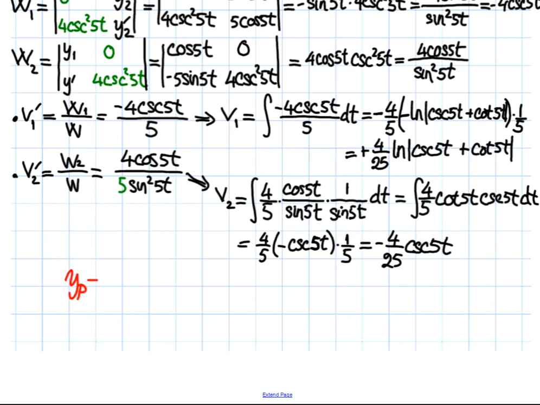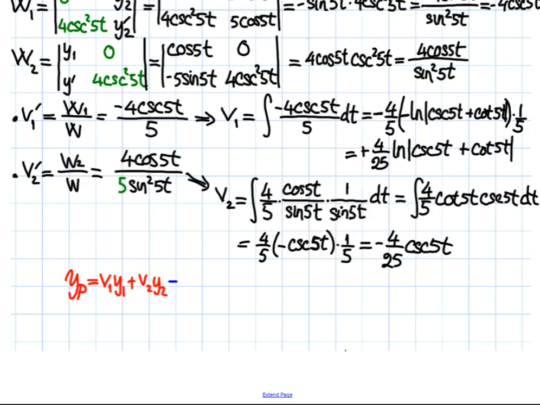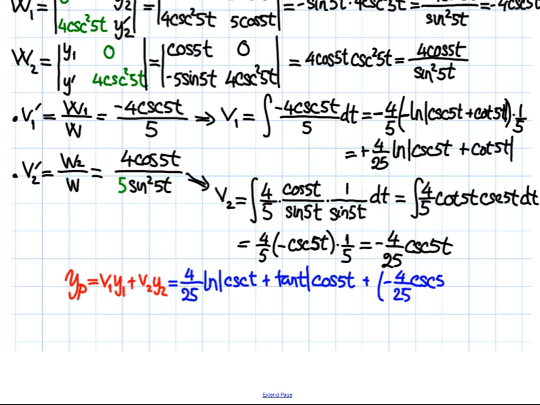So the particular solution is v1y1 plus v2y2. v1 is 4 over 25 ln of cosecant 5t plus cotangent 5t. y1 is cosine of 5t, plus v2 is negative 4 over 25 cosecant of 5t, and then y2 is sine of 5t.